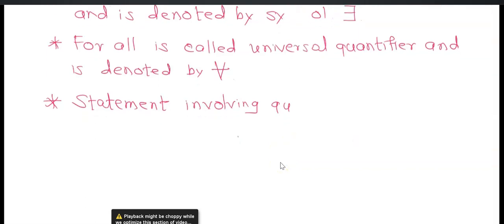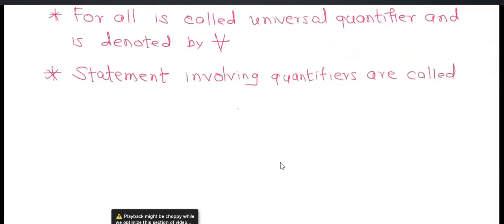Statements involving quantifiers are called quantified statements.